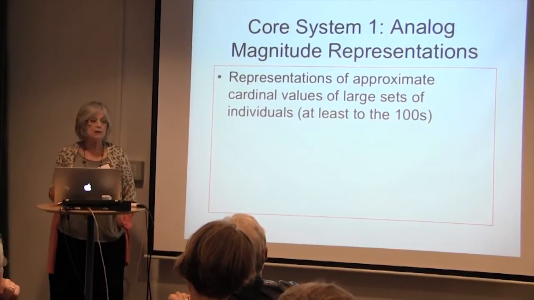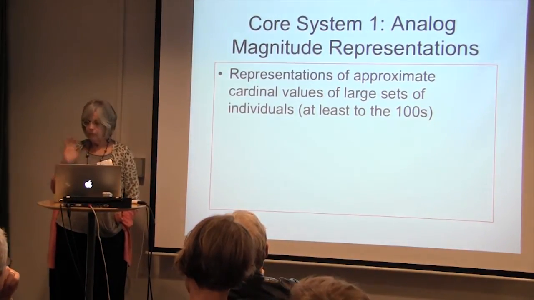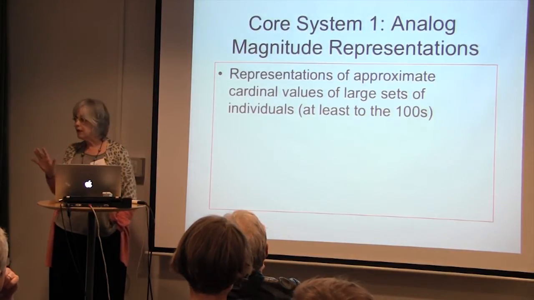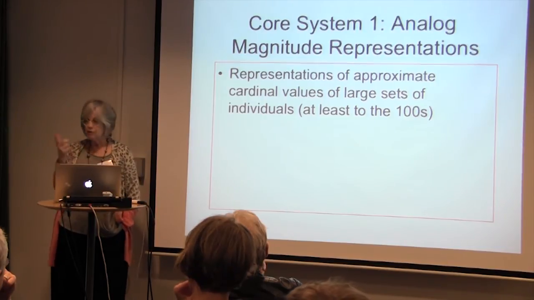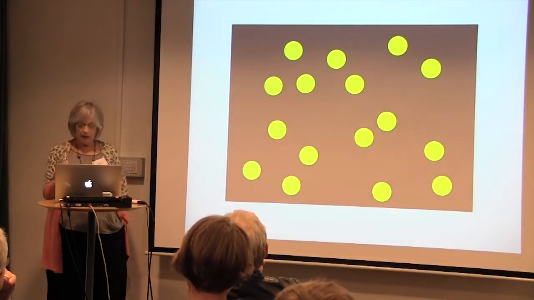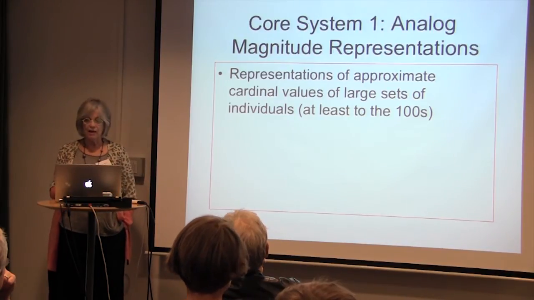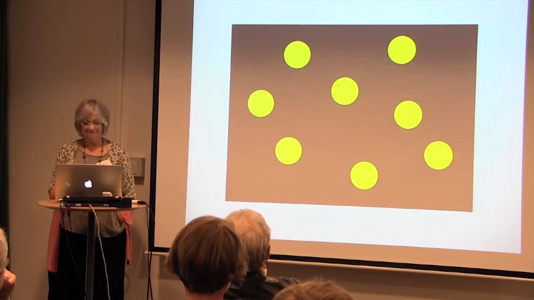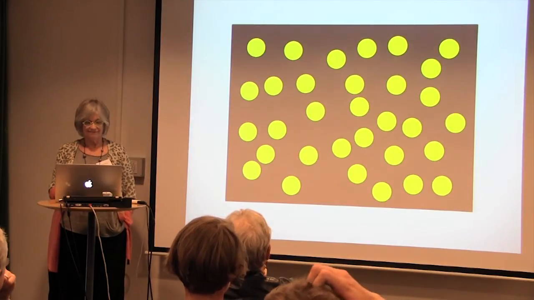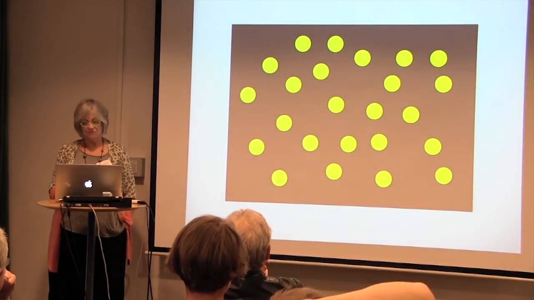So I'm going to do this by flashing four sets of dots. And I need you to yell out so you can hear each other, so you can see the phenomenon. How many dots there are on each slide. So ready? How many? 16. 20. 18.